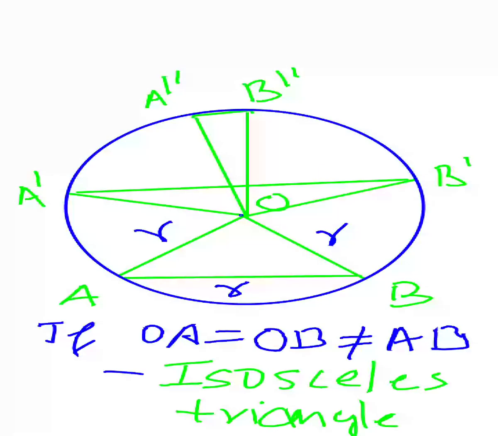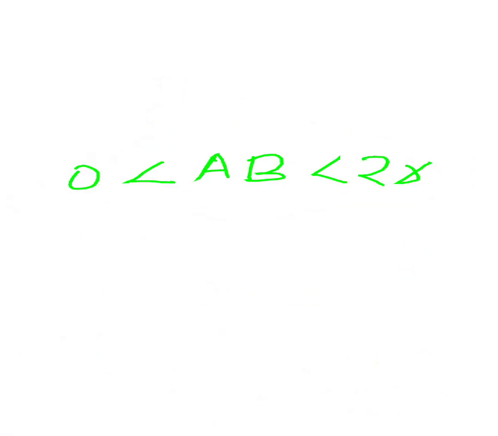Can I write AB, since it is a bounded function, AB will always be smaller than 2r, not equal to, and will be greater than 0? Can I write this for AB? Tell me. Look, if AB would be very small, like in the top A double dash B double dash triangle, it will become very small, so it will be greater than zero, but it will never be zero, because if it is zero, it will be one line only.